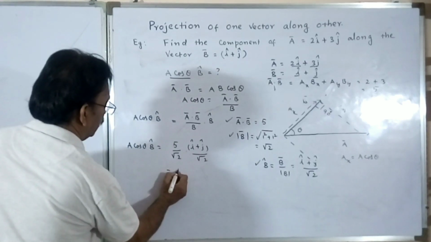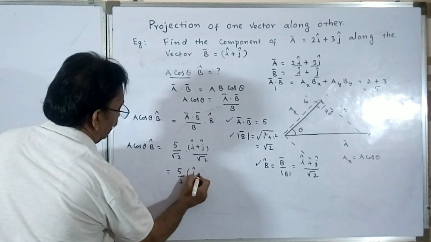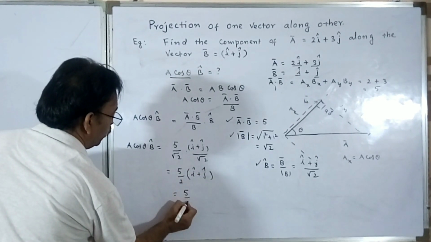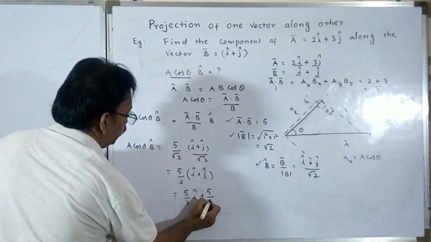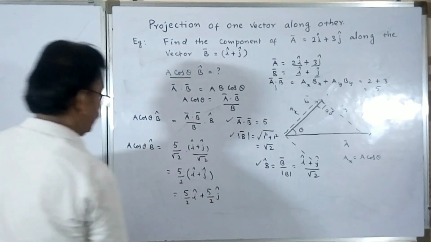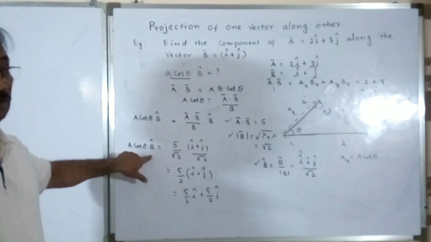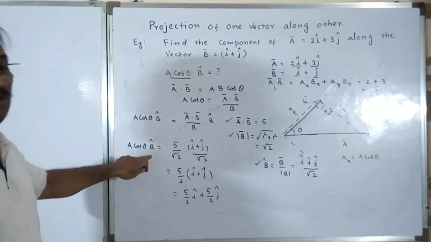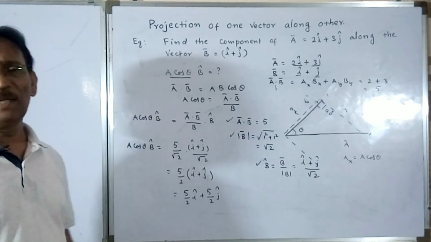It is 5 by 2 of i cap plus j cap, or 5 by 2 i cap plus 5 by 2 j cap, which is the component of A vector along B vector. You can do the same if you ask for the component of B vector along A vector. That is to follow the same process.